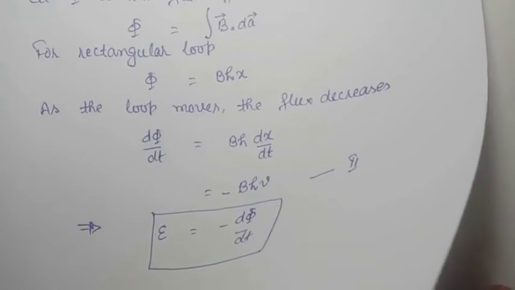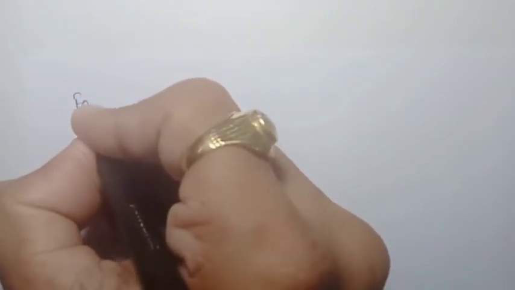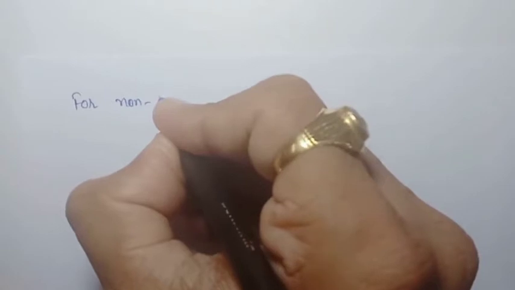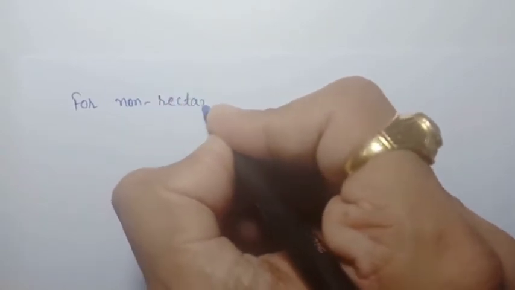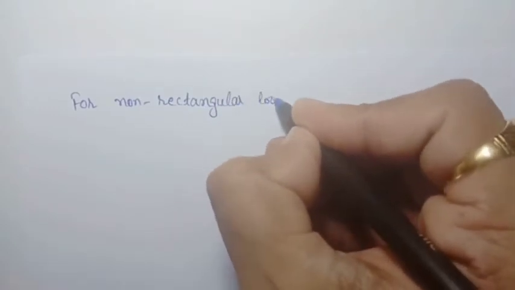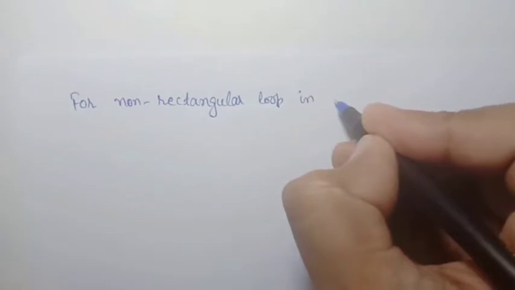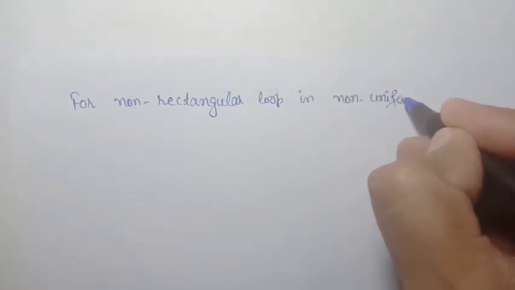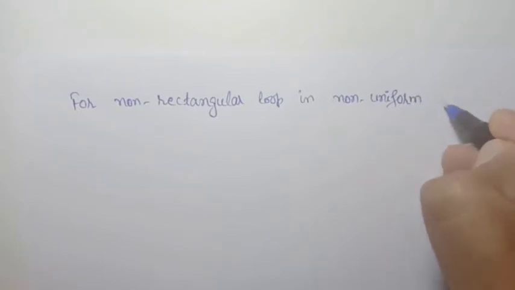Now next we will discuss when we have a non-rectangular loop in a non-uniform magnetic field.